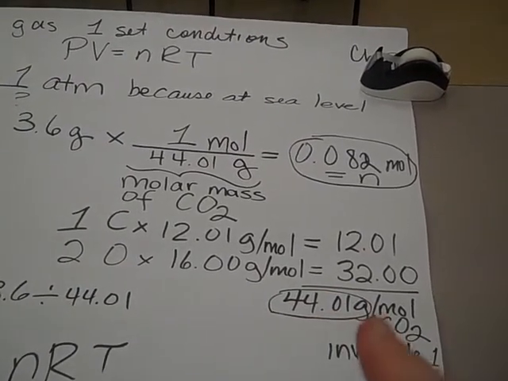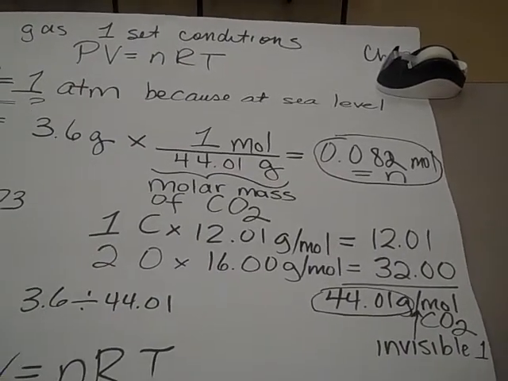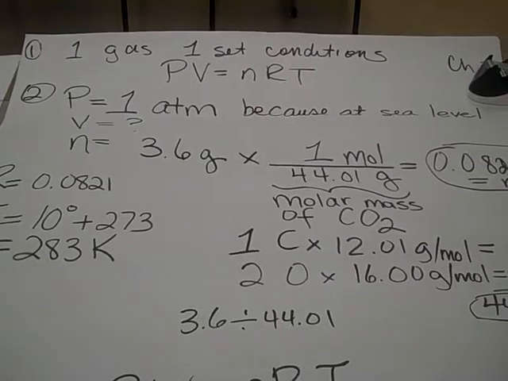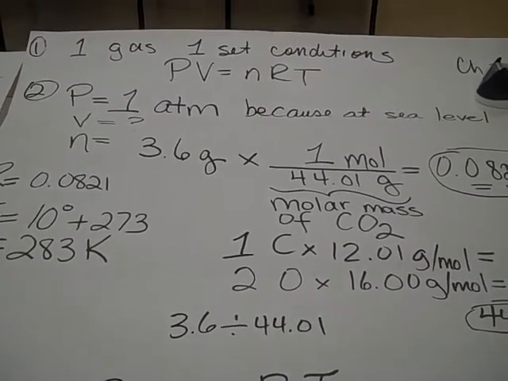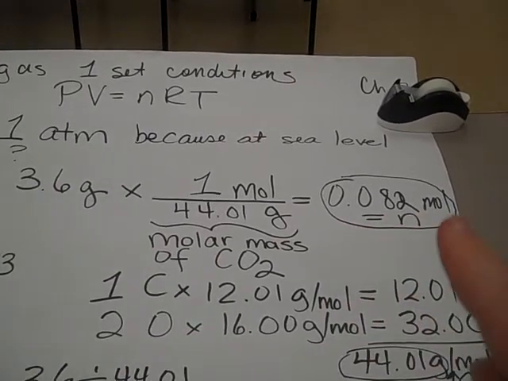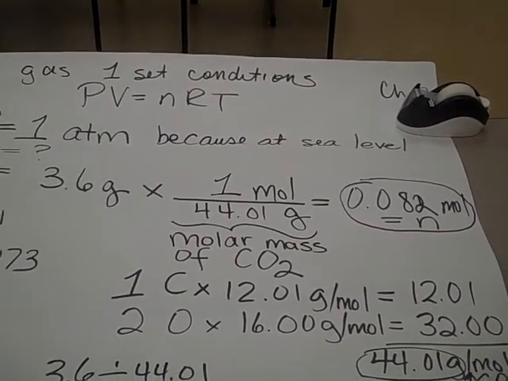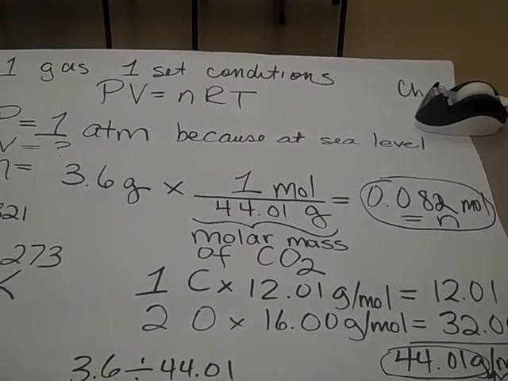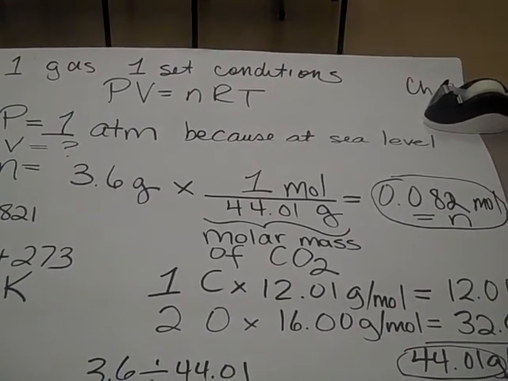There's an invisible 1 whenever you go per and then a unit. So, when we take 3.6 divided by 44.01, the answer comes out to be 0.082 moles for our number of moles of CO2 when we have 3.6 grams of carbon dioxide.